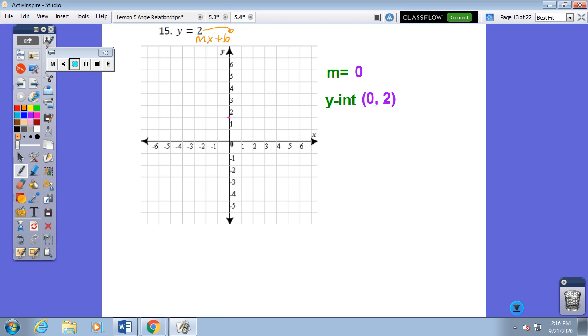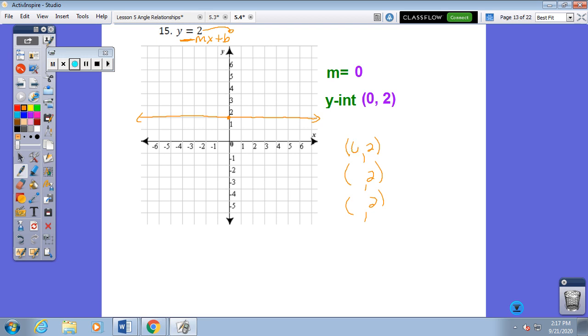So be very careful. You're going to go to 2, plot your point, and it's going to have a 0 slope. So it's going to go left and right. If you're not 100% sure, you're more than welcome to plot a few points and test it out. You know that no matter what, y is equal to 2. Always.